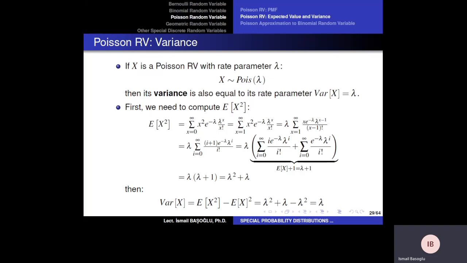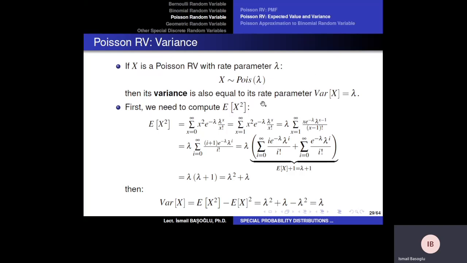Again, the binomial random variable's variance was n times p times 1 minus p. And we replace n times p with lambda. And there is 1 minus p. However, p is very small, because Poisson random variable is the limiting case where p converges to 0, and 1 minus p converges to 1.